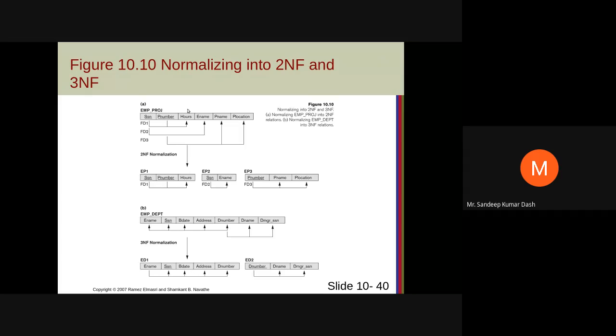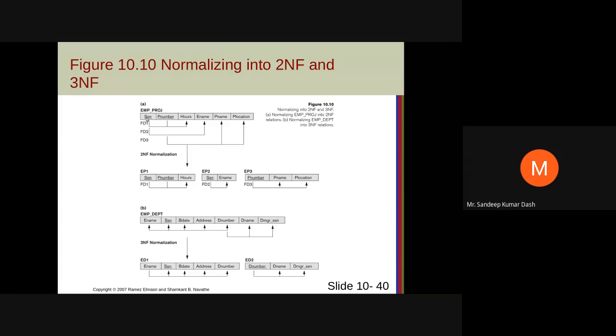But the ones diverging from the rule, that is FD2 and FD3, you have to reduce into separate relations.